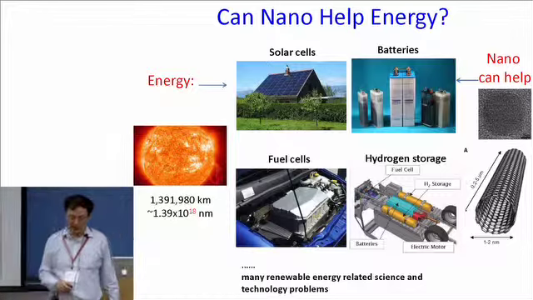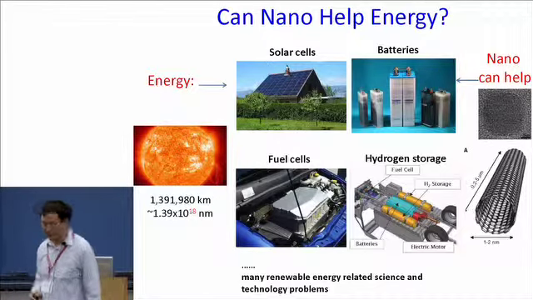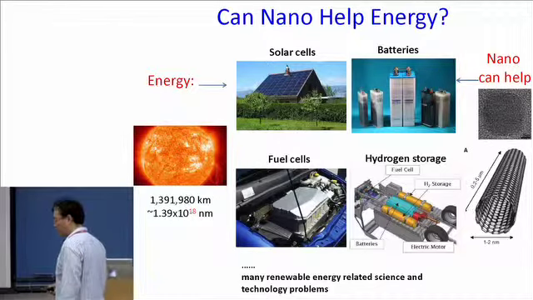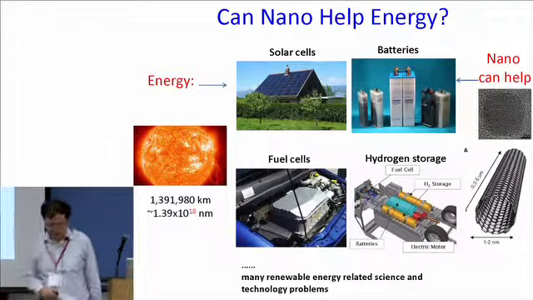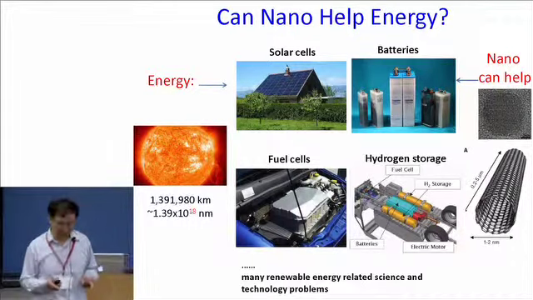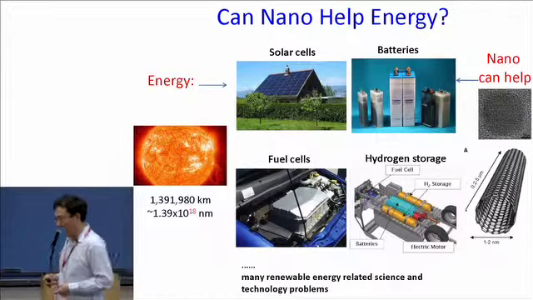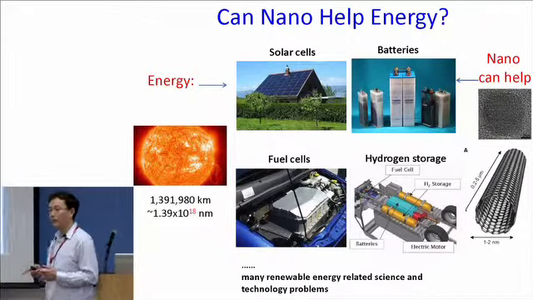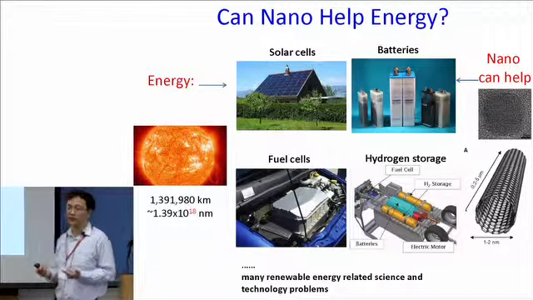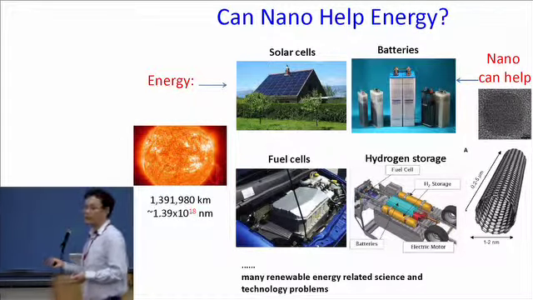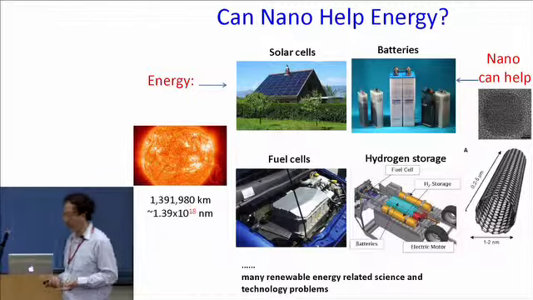And another major type of device is actually fuel cells, okay? So basically, the energy from the sun can also turn into chemical energy. For example, you can split water into hydrogen and oxygen, right? Then hydrogen can be used as a fuel, and it goes into driving a car, right?